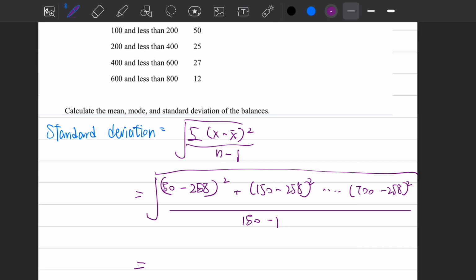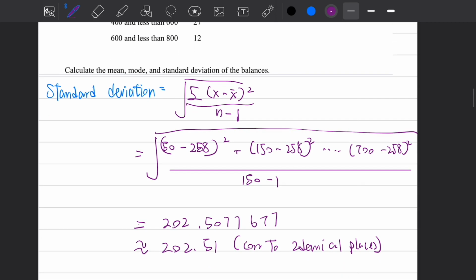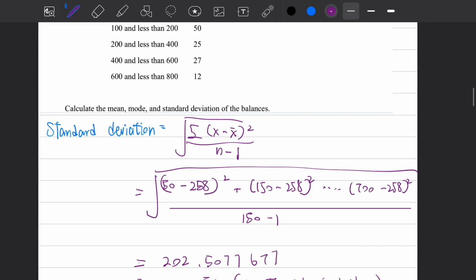Therefore, the answer should be correct to 2 decimal places. Therefore, we can find that the standard deviation of this question is 202.51. So this is the end of question 1.